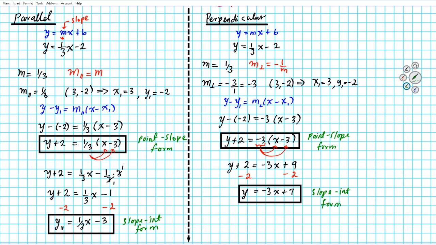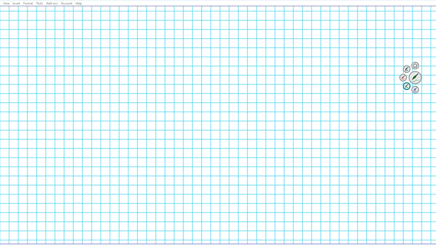Okay, so what we're going to do now is graph all three just to help you see visually what parallel and perpendicular lines look like. All right, so let's look at the graphs. We're going to color code them so you can see the difference. So let's start with y original, the given problem.